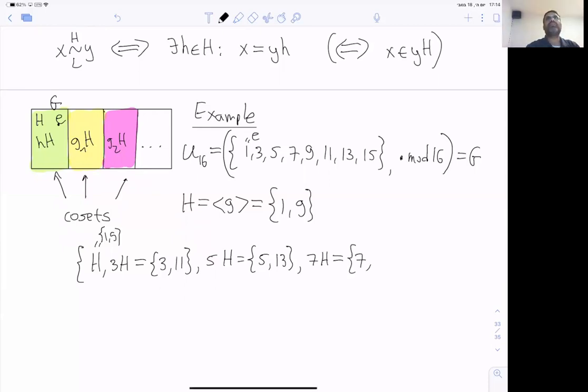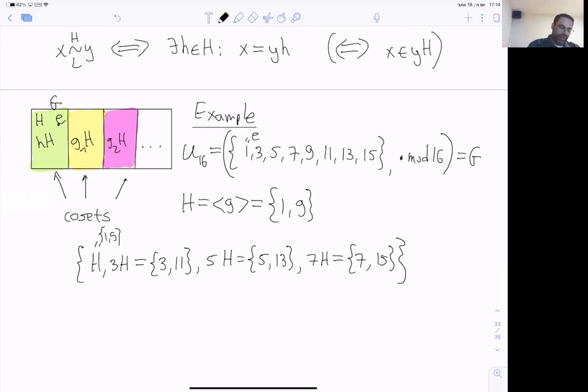Now 63, how much is it? Okay. How much? 15. Did we cover all elements? We have 2 here, 2 other here, 2 other here, and 2 other here. So we have 8, okay. We have 4 cosets.